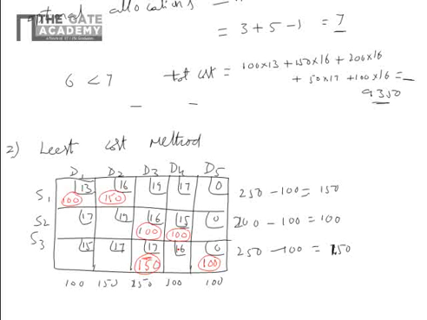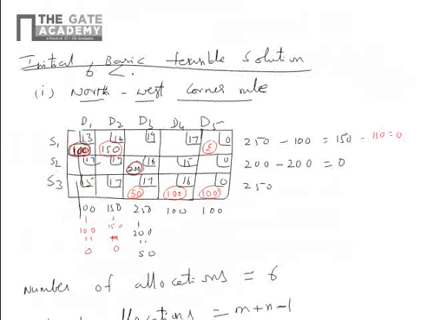The number of allocations is 1 2 3 4 5 6, so 6. The number of allocations is less than m plus n minus 1. Optimum allocations have to be m plus n minus 1, which is 7. So again add some random value and then calculate the transportation cost. That's about the least cost method.